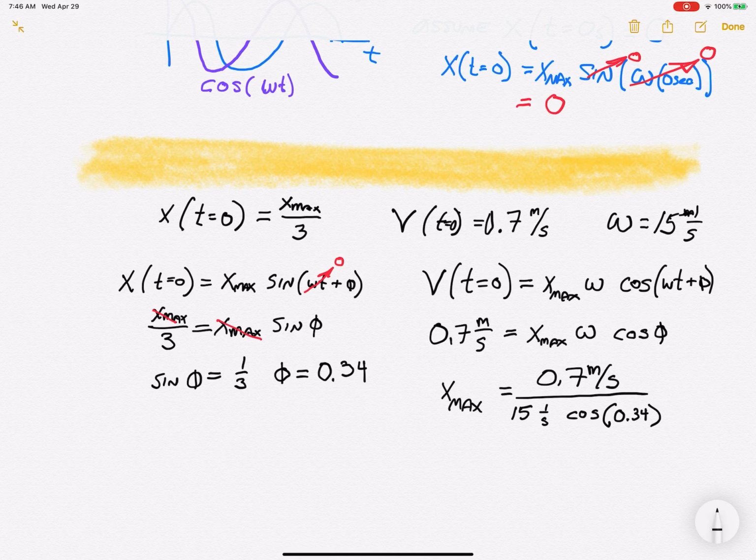Let's take the cosine of that value, times 15, divided by 0.7. Flip it.